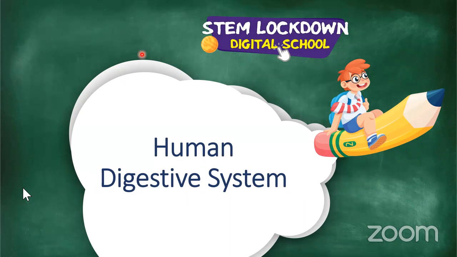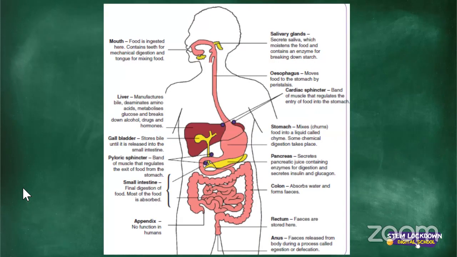All right, guys. As I said, we will be continuing from where we left off yesterday. And before we do that, let us quickly go through what we dealt with on Tuesday. Tuesday, we were looking at the difference between the alimentary canal and the accessory organs.